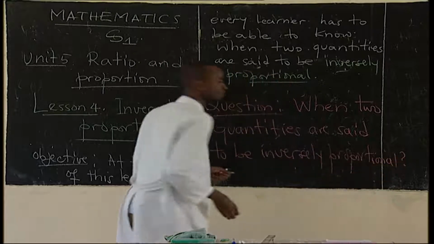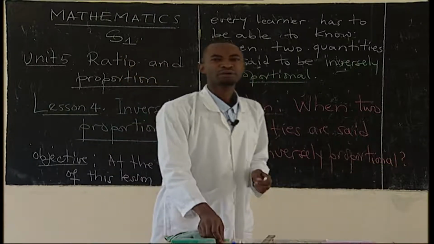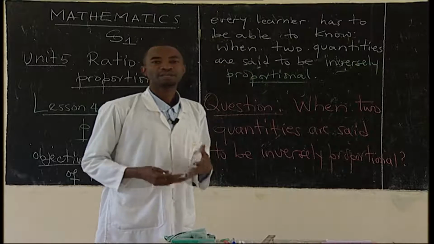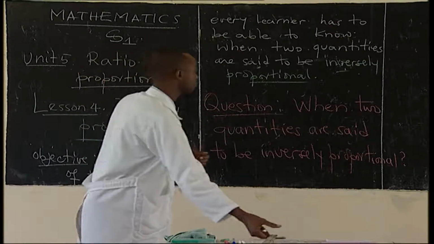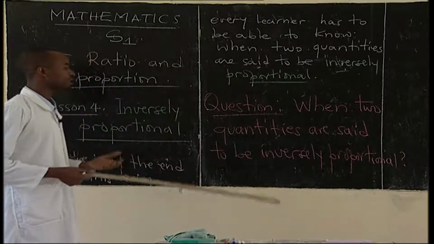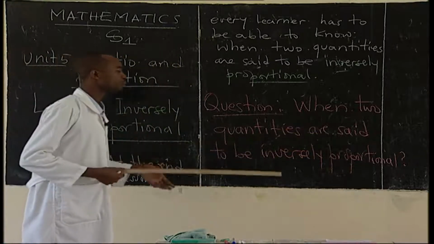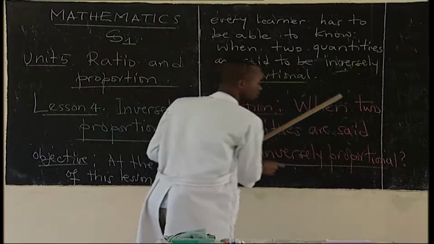This is the question that I want every one of you to have the answer of at the end of our lesson. You have to ask yourself, when can I know that two quantities are said to be inversely proportional?